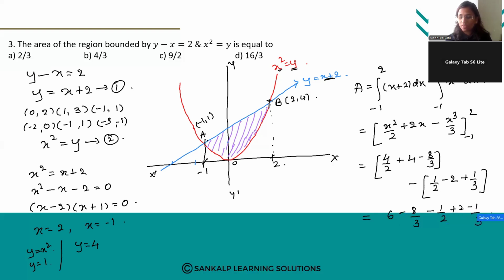If you take the LCM of 3 and 2, which is 6, and go on solving, you are going to get the answer as 9 by 2 square units. If you solve further, this gives you the answer as 9 by 2. So which option is correct? Option C. Thank you.